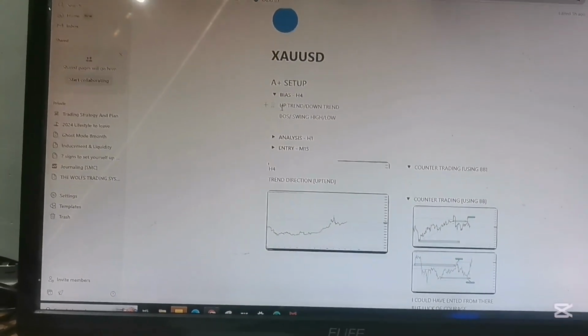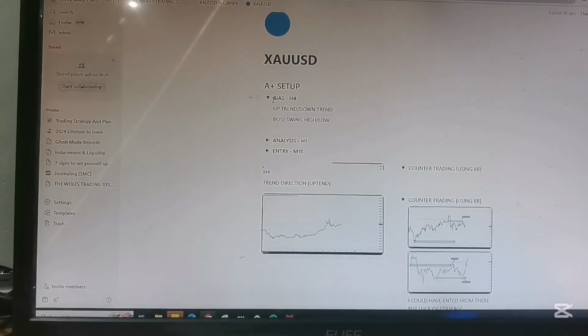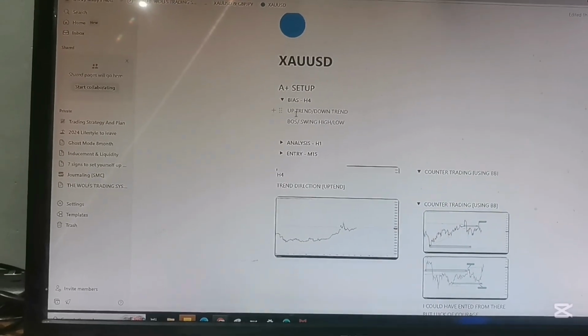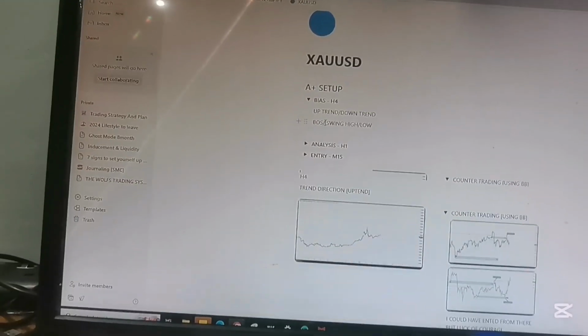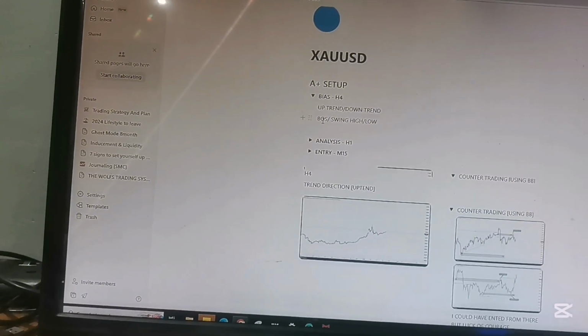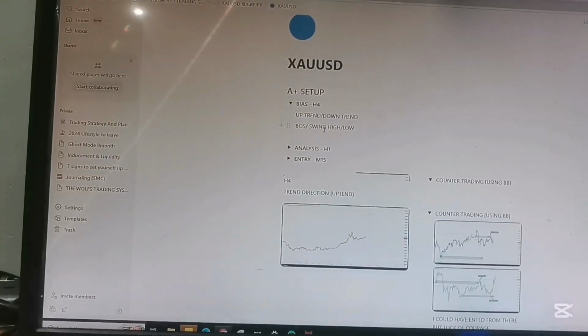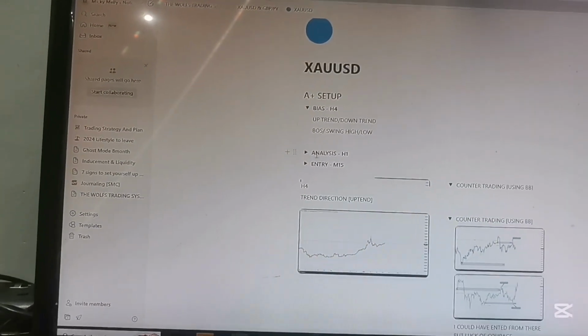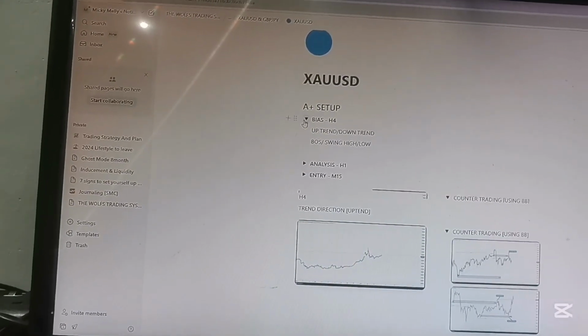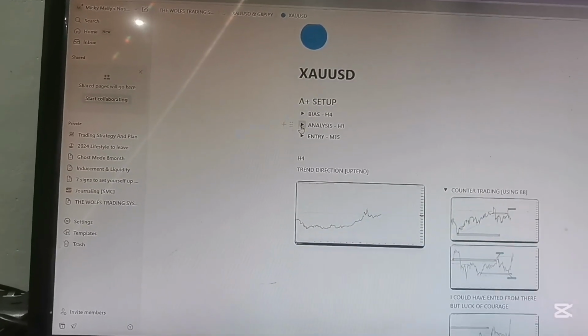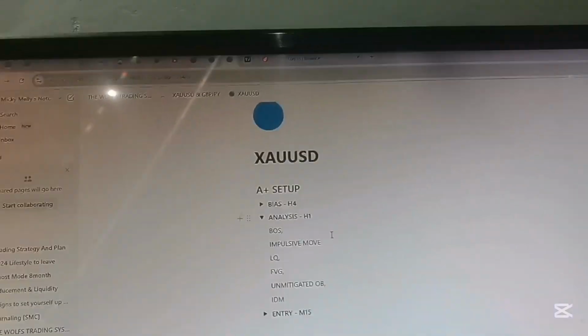You can see uptrend, whether I identify it's an uptrend or downtrend. Once I identify it, I just mark my break of structure, or swing high and swing low. Then after that, I drop down to the 1 hour time frame. That's where I make my analysis.